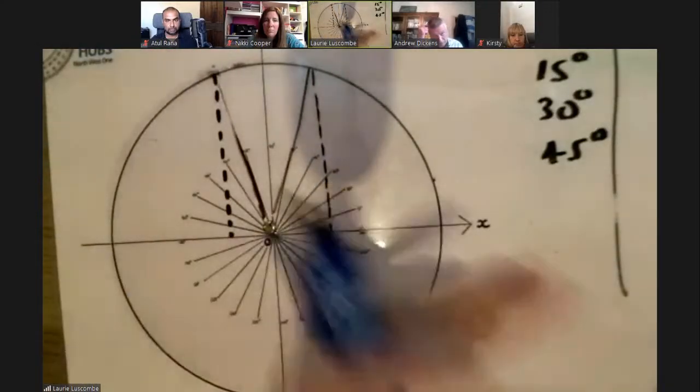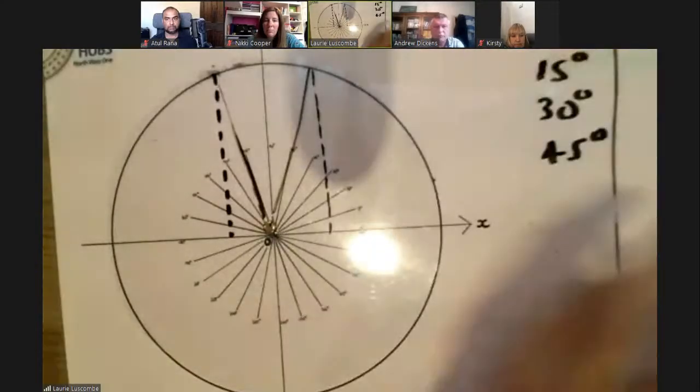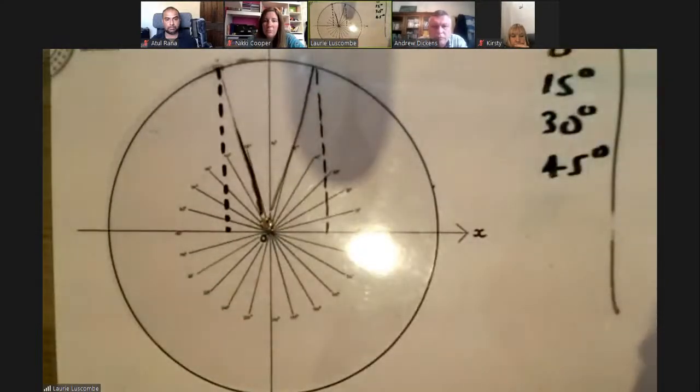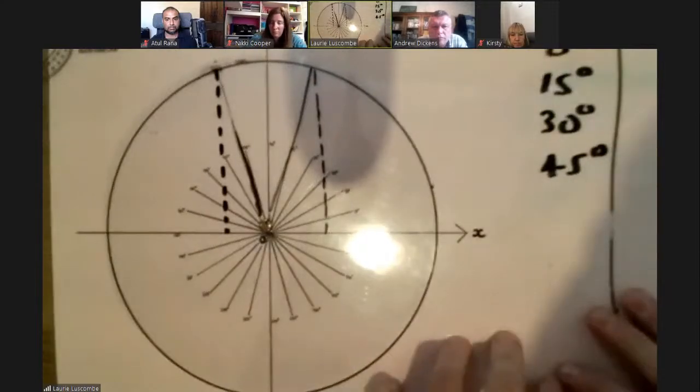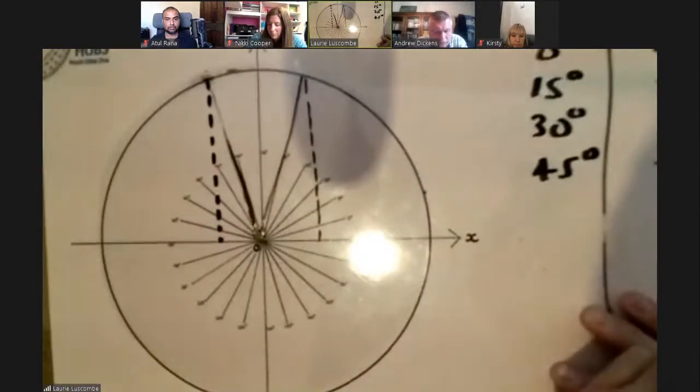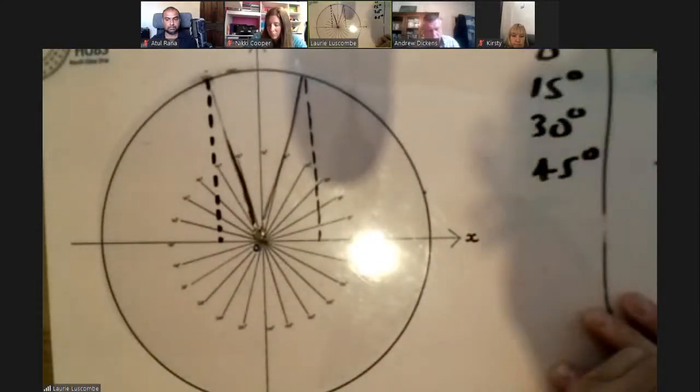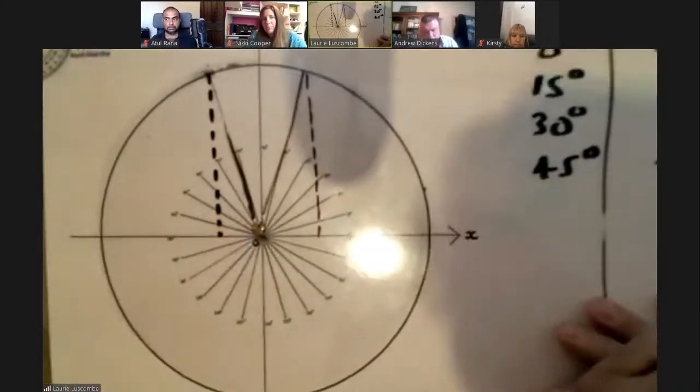And there's all sorts of symmetry coming into play here. And as the scheme develops, we've got a lot of stuff on transformations as well, but using the consistent model of this unit circle, laminated A3, manipulative, I suppose, if we want to call it that.